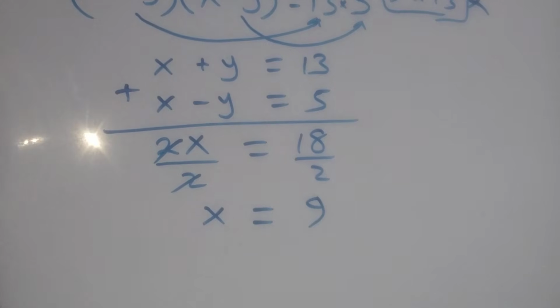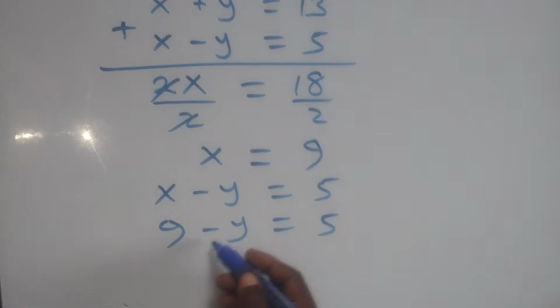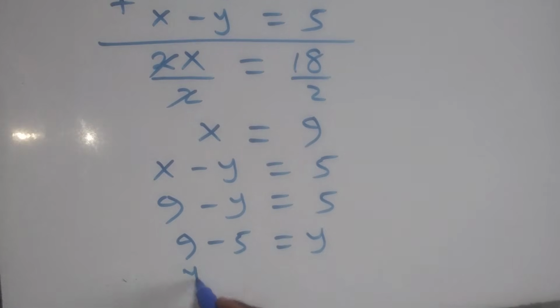Then, to find the value of y, also use equation 2: x minus y equals 5. So we have 9 minus y equals 5. Take 5 to one side and minus y to the other. That's 9 minus 5 equals y, that is y equals 9 minus 5, which is 4.